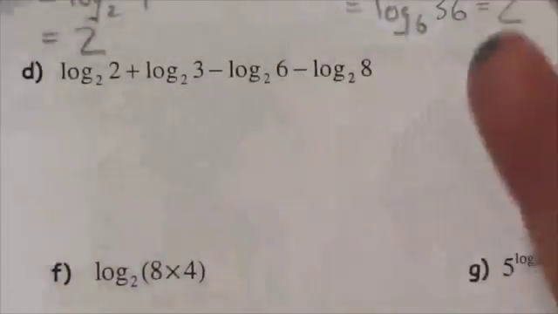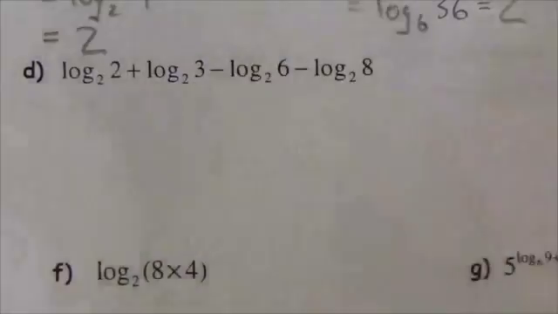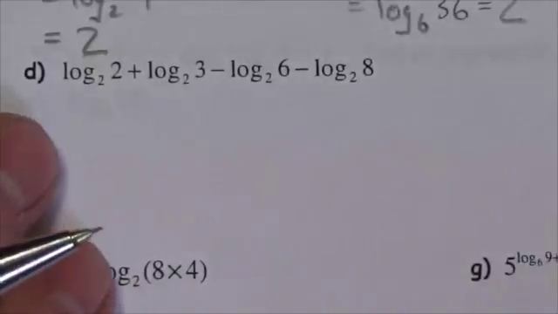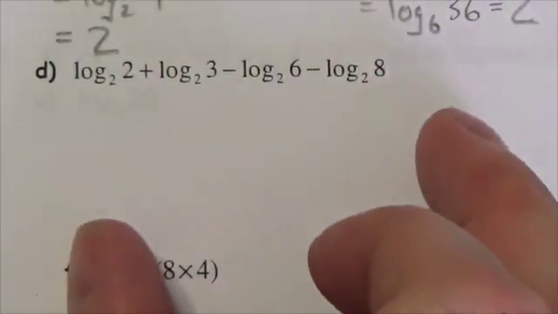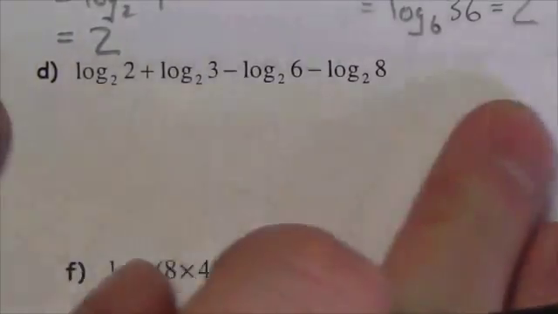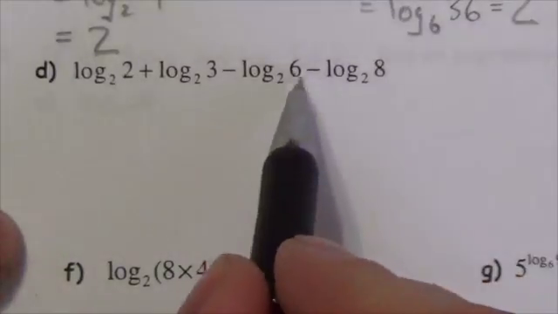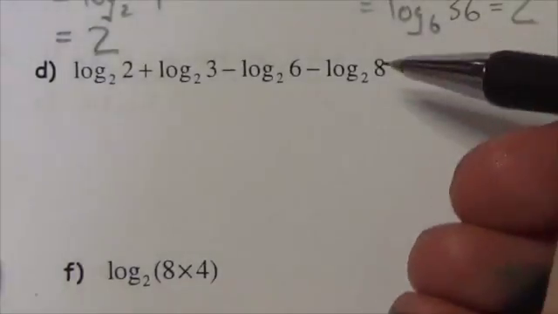Remember that according to BEDMAS, order of operations, when you've got a string of addition and subtraction, essentially what we do is we do it left to right. That still applies here. We're going to go left to right on this problem. I see a lot of people make a mistake here because when they see the subtraction, they know that it becomes division, but they end up kind of going backwards.